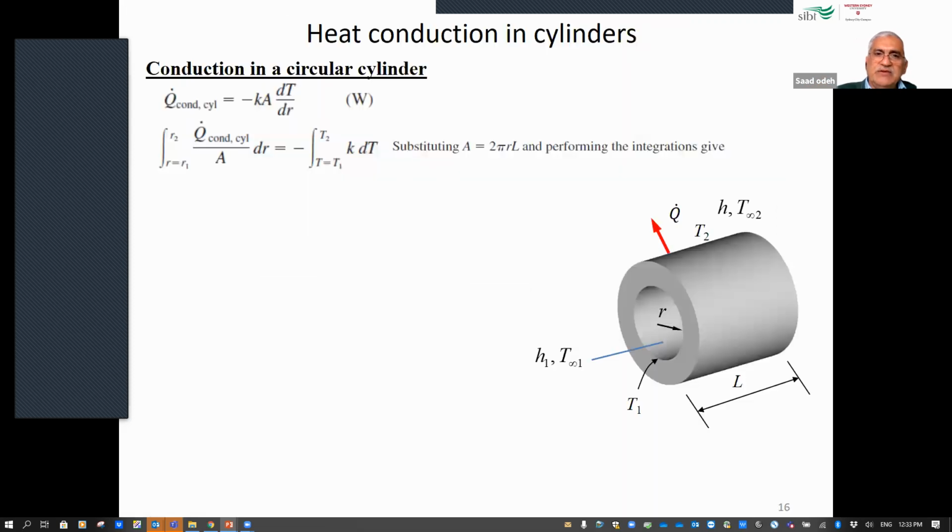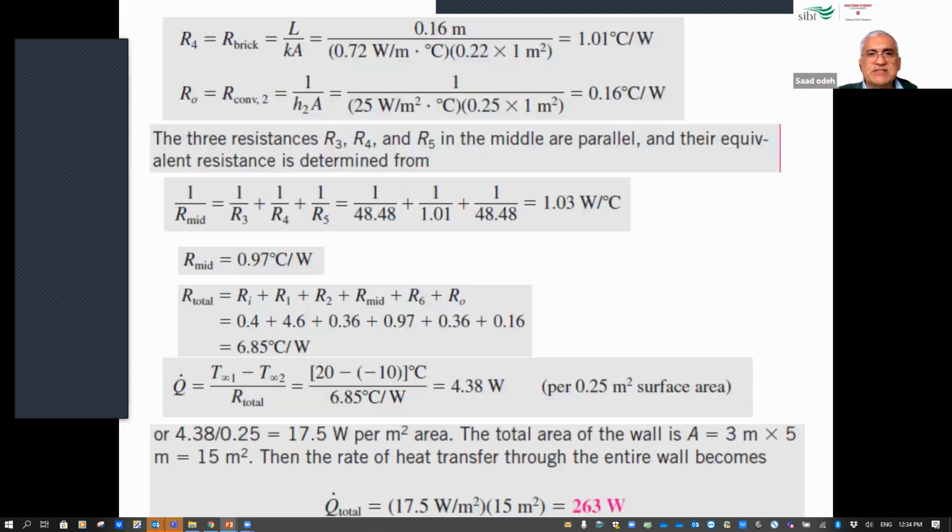Okay, right. So up to this stage, we were talking about flat surfaces only. Heat transfer through flat surfaces. And we took different cases of different layers, different settings of the walls, different materials.